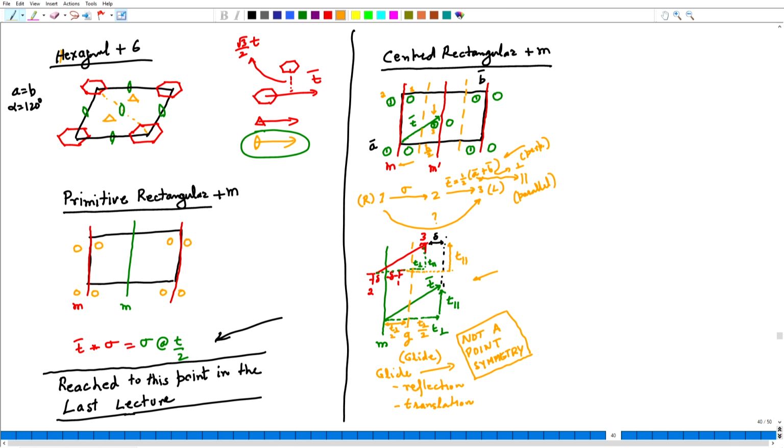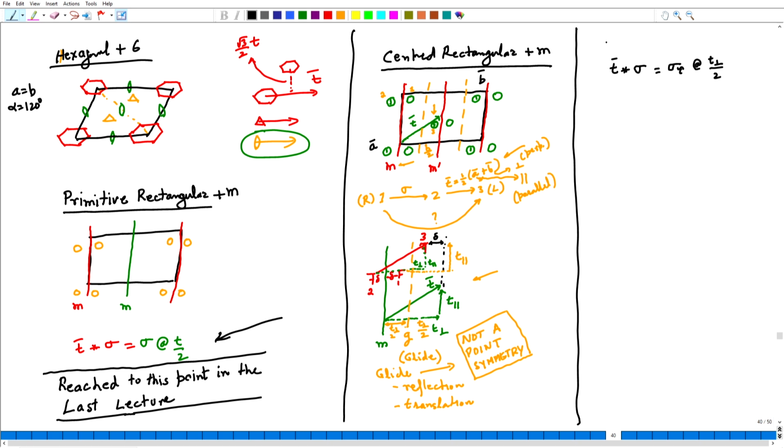So, location we know now. Let me write this combination down first. I have an operation of reflection followed by translation. The symbol that I use for glide is again a kind of reflection, so we will stick with sigma, but we will put a subscript tau, and it is located at T perpendicular divided by 2.